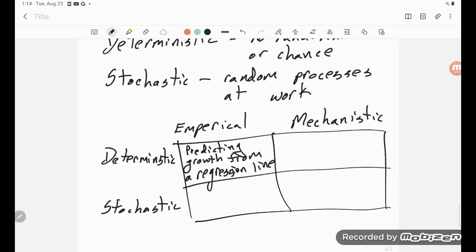Deterministic and mechanistic might be something like planetary motion, where we have the differential equations that we say govern that planetary motion, and then we can integrate those differential equations and play one planet off another, or put a star in there or something like that.